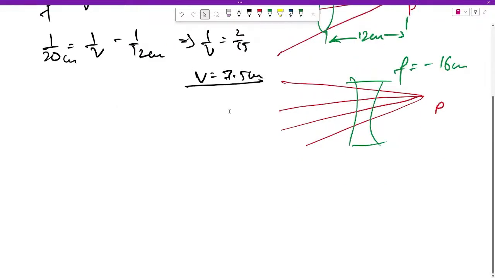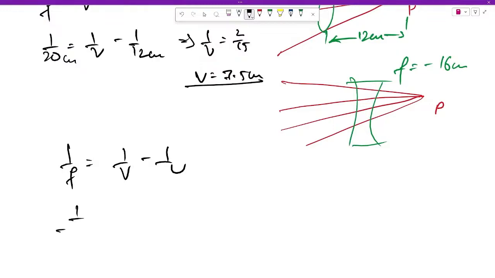Now in the second case, we have got a concave lens. Here again, we have to find out the distance where the light will converge. So here again, we will use the lens formula, that is 1 by f equals to 1 by v minus 1 by u. Now the focal length in the case of a concave lens is negative. So we will use 1 by minus 16 centimeter equals to 1 by v minus 1 by u, where the object is virtual and again 12 centimeter away from the pole of the lens.